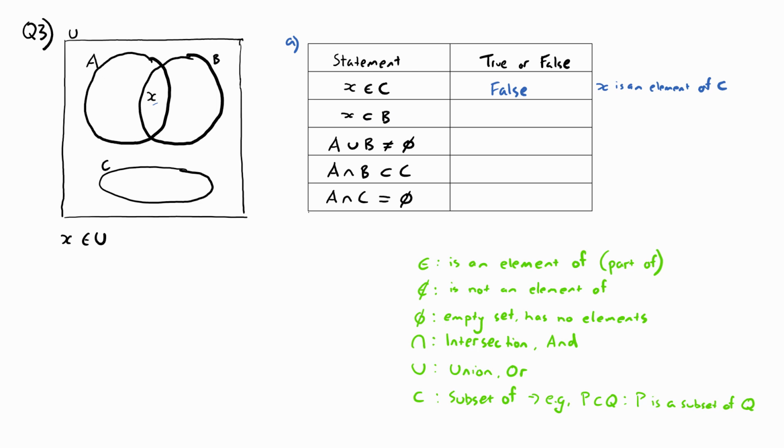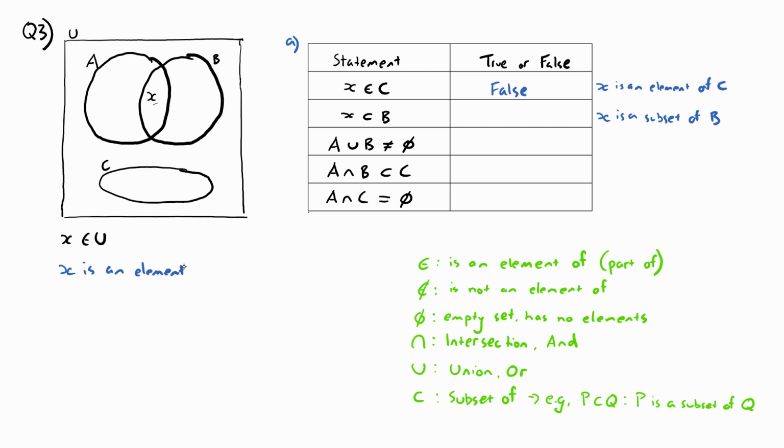Second one, X is a subset of B. At first glance, you may think that is correct because X is within the B circle. However, X is not a set. X is an element.